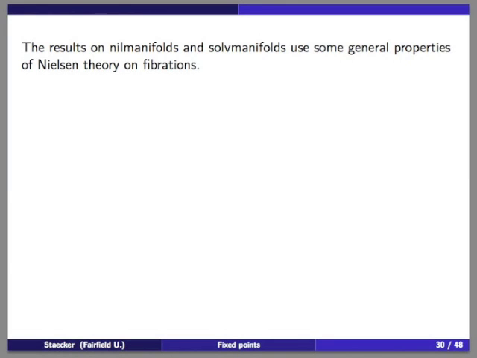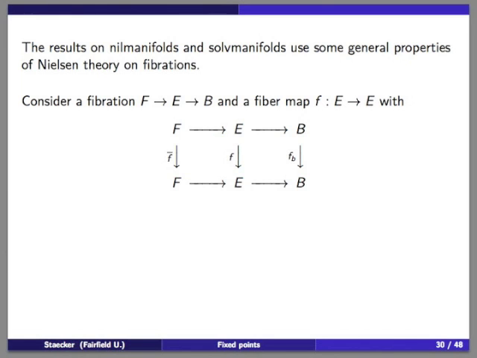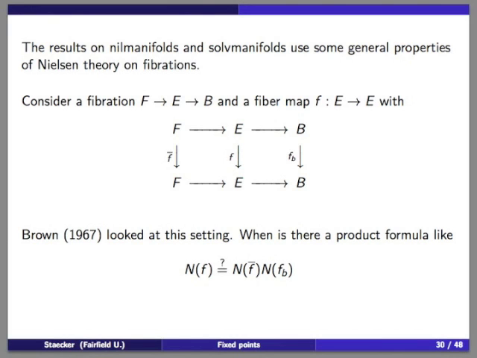Actually, for the results on nil manifolds and solvmanifolds, you can do similar kinds of things. They use some general properties for Nielsen theory on fibrations. If you have a fibration like this, where F is the fiber and B is the base, and a fiber map, which looks like that, then this is something that Bob Brown, I believe, was the first to look at. The question that Bob raised and tried to address was, when can you have a product formula like this?